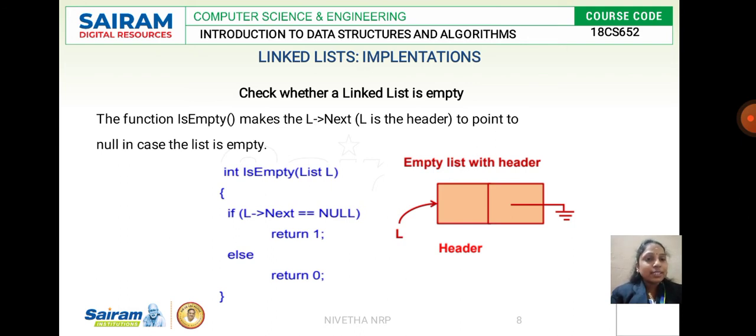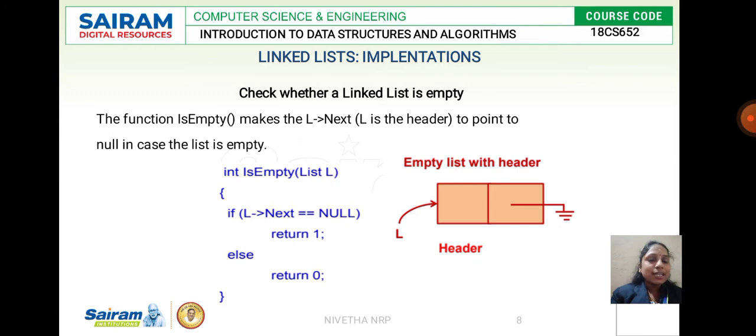Where am I going to check this? In the list L. I have created a list, and in that list I am going to check whether the list is empty. How do I check? I check it using a conditional statement, that is an if statement. What is the condition here? When your node is the first node, it is denoted as head, and when it is the last node, it is denoted as null.